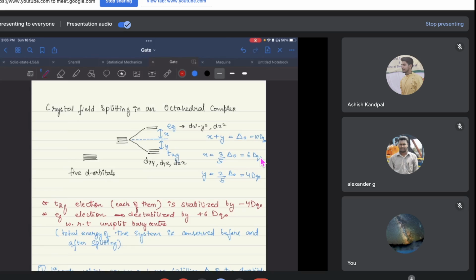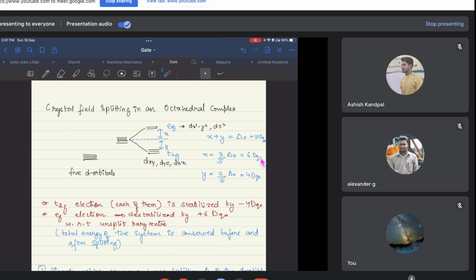So to solve the given question, let's go through some basics, that is, the crystal field splitting in an octahedral complex. It is denoted as when the 5 degenerate d orbitals have no interaction with the ligand, so they are in the ground state.